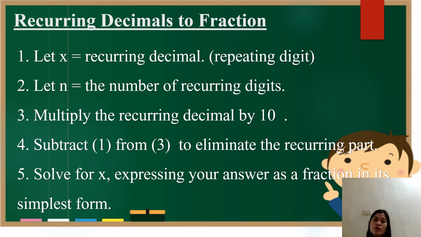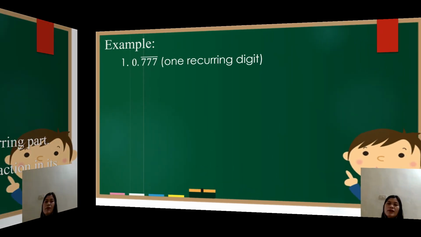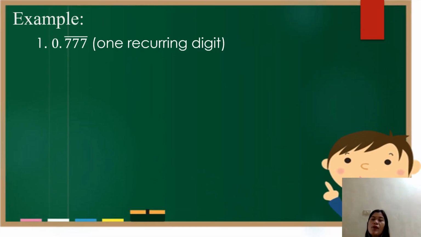How are you going to change recurring decimals to fractions? Let x be the recurring decimal. Recurring means the repeating digit. Count the number of recurring digits, multiply the recurring decimal by 10, subtract 1 from 3, and then solve for x. Let's have, for example, 0.777. As you can see, we have one digit as a recurring digit.